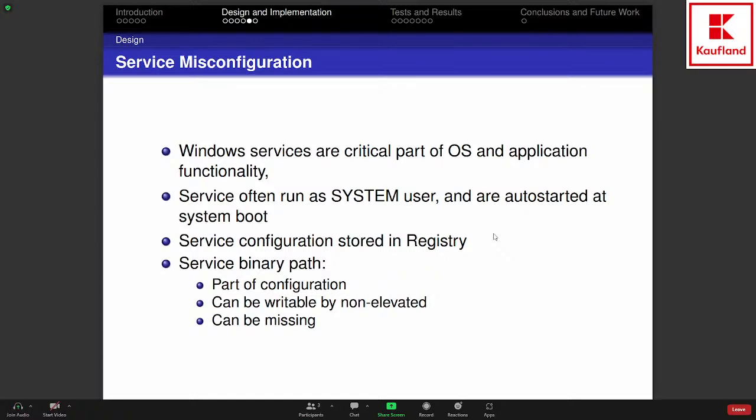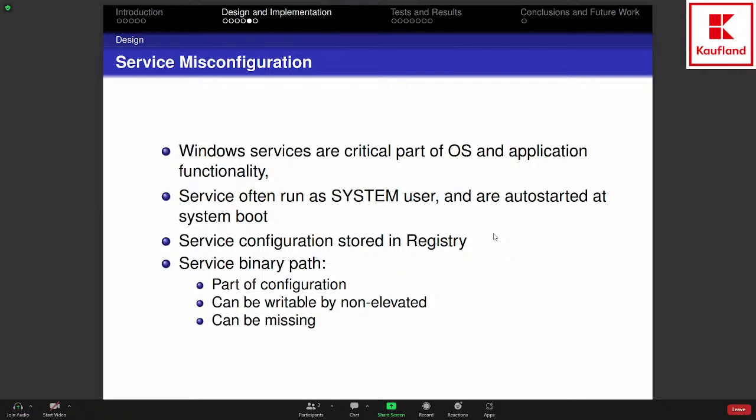The second one I'm going to talk about is service misconfiguration. As I said, services are configured in the registry, and they often run as system because they do important stuff in the system, so they are valuable targets. The configuration for the services is stored in the registry, such as the actual binary path which is executed. That binary path might be bad, the file it targets might be writable by non-elevated processes, or it may even be missing.